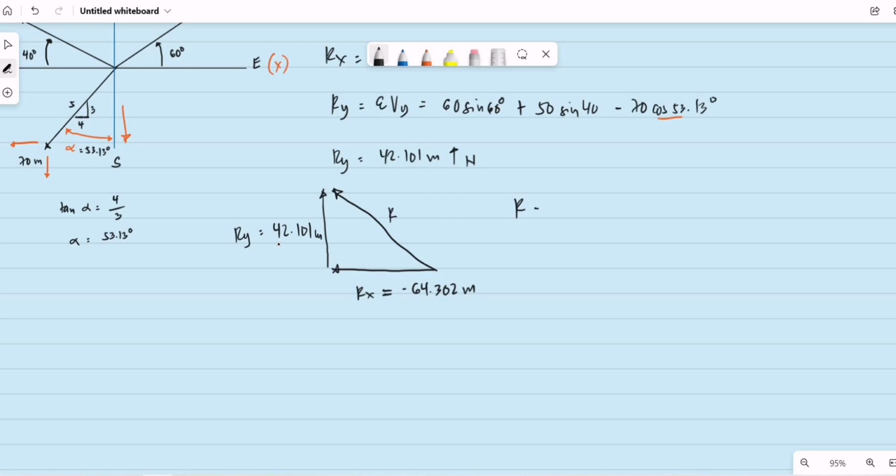So the value of the resultant can be computed as the square root of Rx squared plus Ry squared.